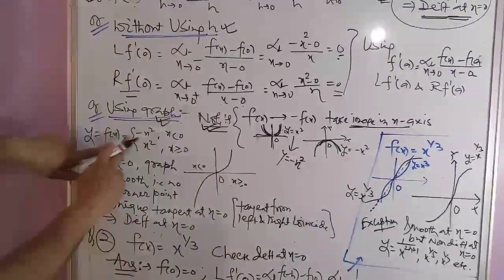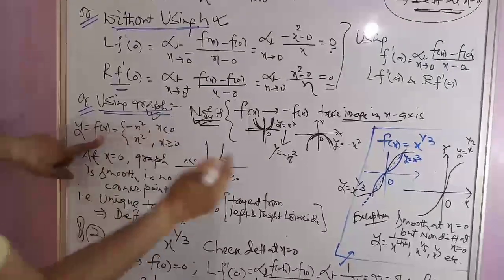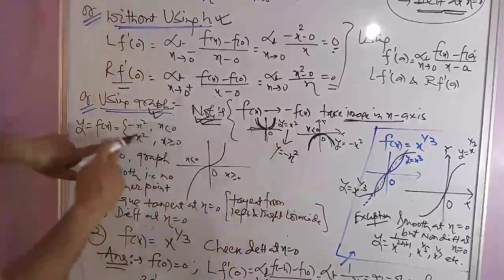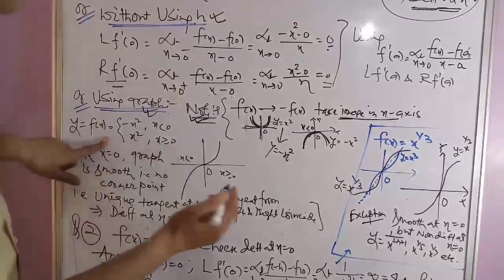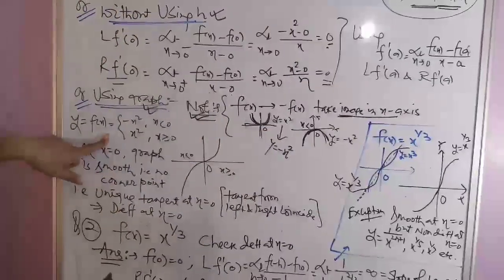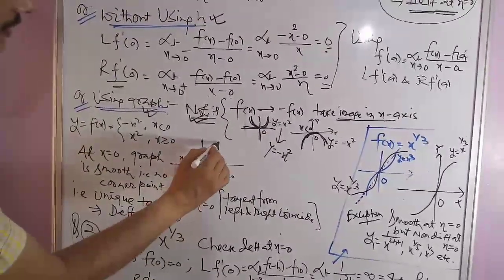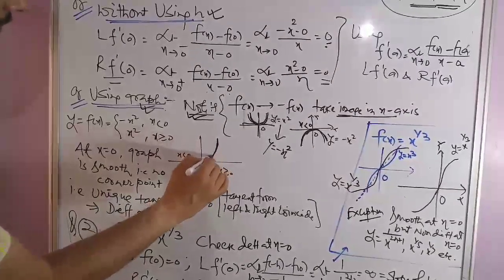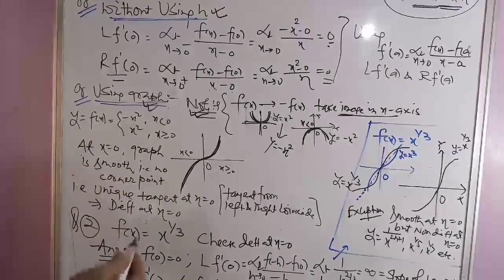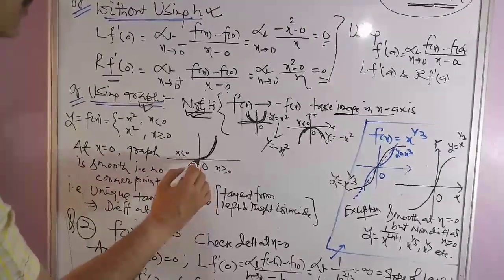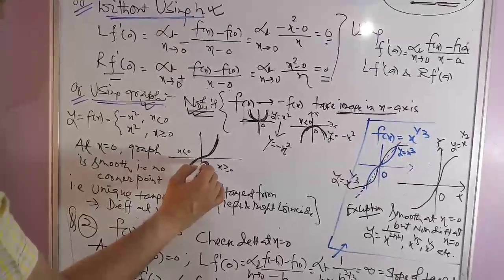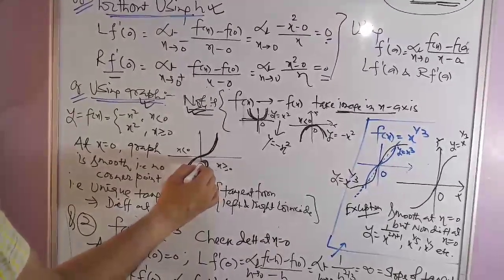We take f(x) equal to -x square for x less than 0, that is this portion, and f(x) equal to x square when x greater than or equal to 0, that is this portion. Combining these two, we have the graph of the given function x|x|. Here the function is smooth. By the geometrical meaning of differentiability at a point, the function should be smooth at that point.